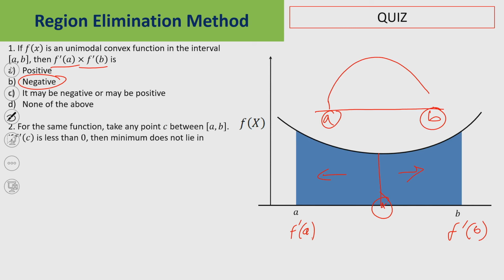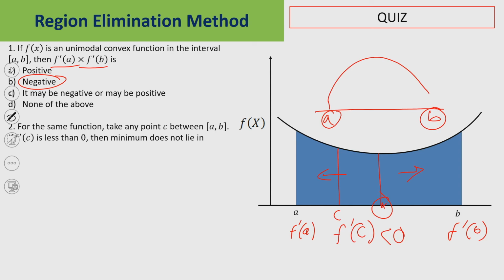The second question is, for the same function, take any point C between A and B where the derivative at C is less than 0. So somewhere here I am taking a point C and the derivative at C is less than 0.